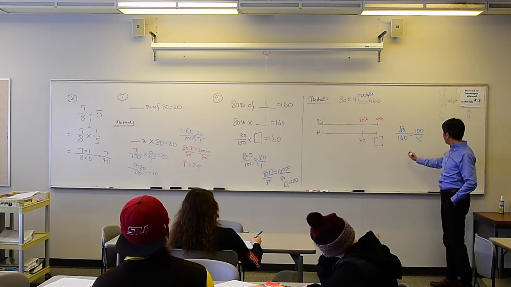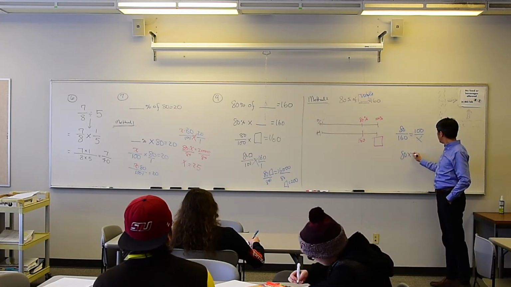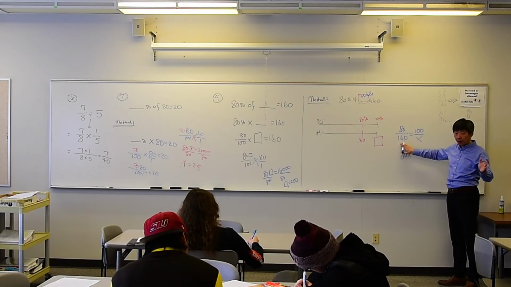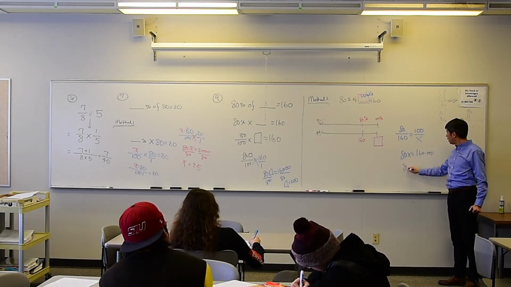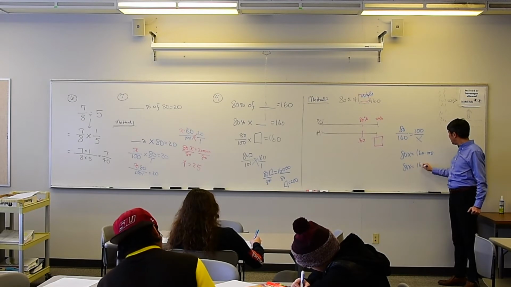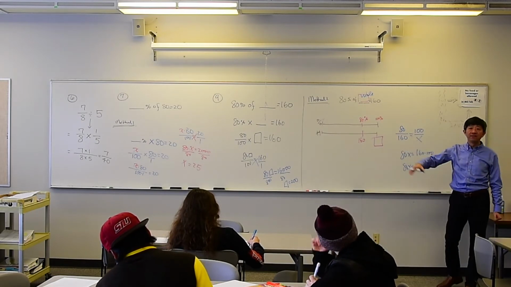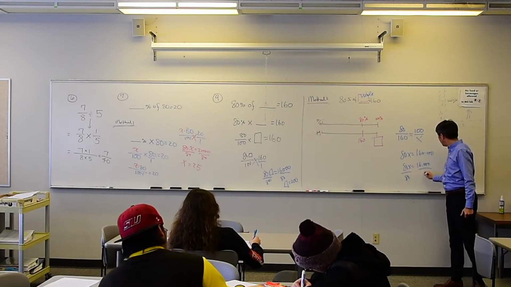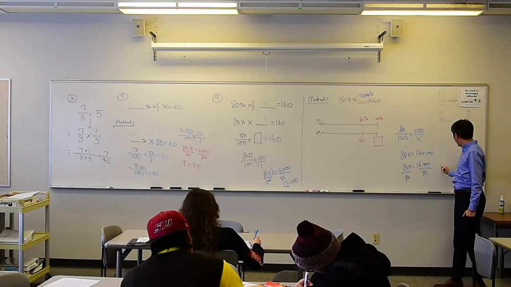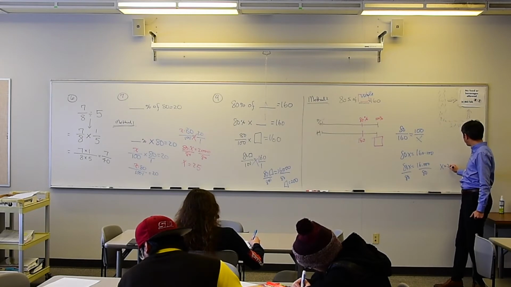So therefore, we have 80x equal to 160 times 100. Again, we got 16,000. So divided by 80. Divided by 80. So x is equal to 200.